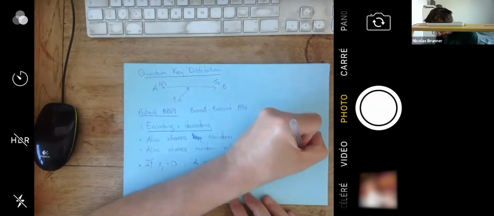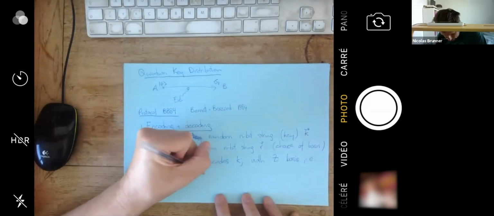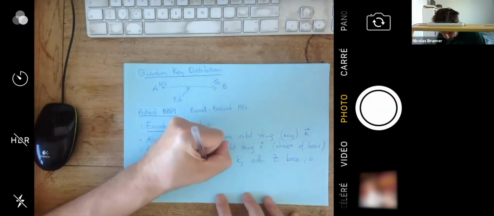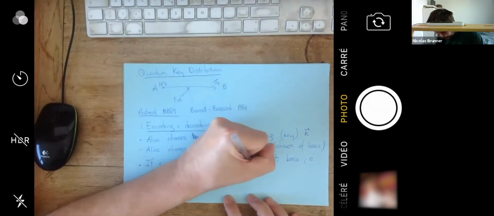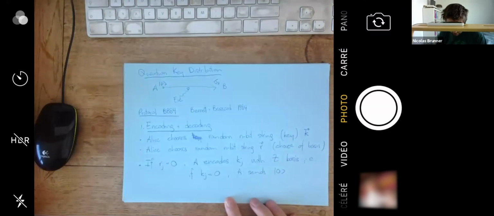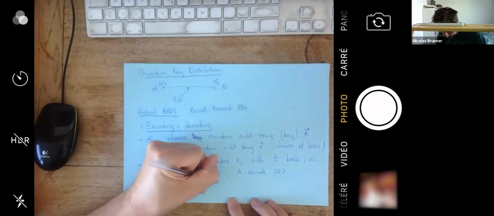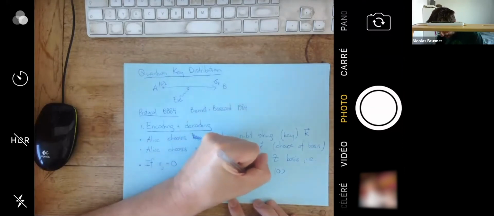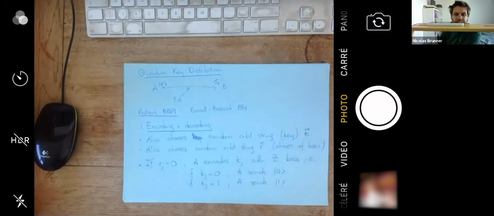What that means is that if kj is equal to 0, then Alice sends a qubit in the state 0. And if kj is 1, then A sends the qubit 1. So in every round of the protocol, Alice will be sending 1 qubit to Bob.